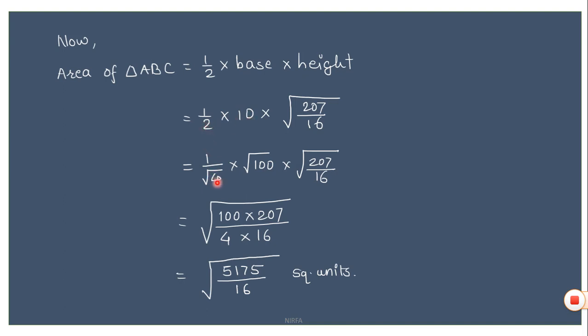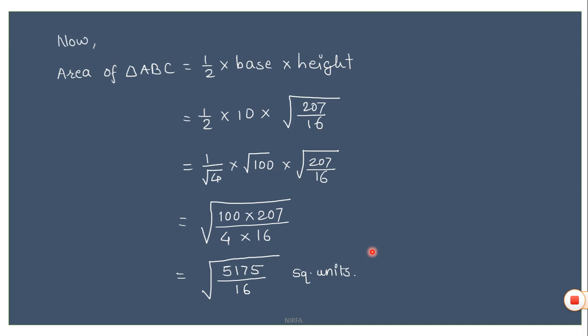Therefore 2 can be written as root 4 and 10 can be written as root 100. So all the roots are there, and we can make the multiplication easily in one root. If we simplify this, you will get the area of triangle ABC is square root of 5175 upon 16 square units. This is the unit of area.